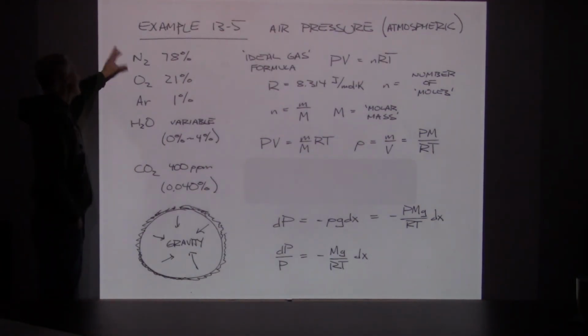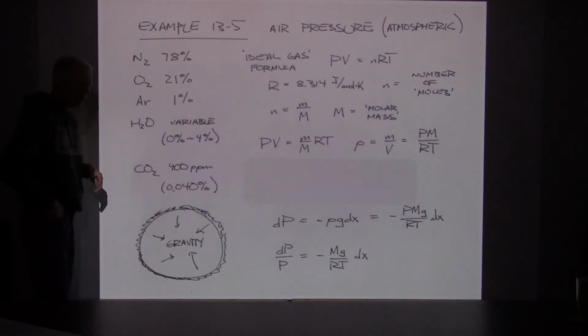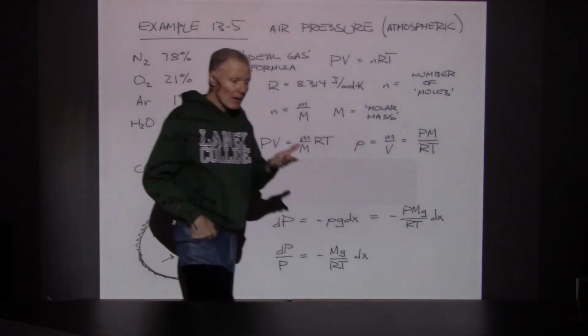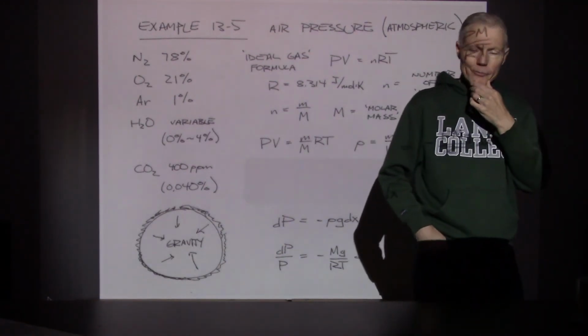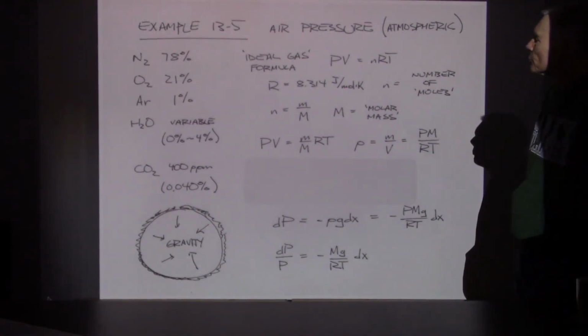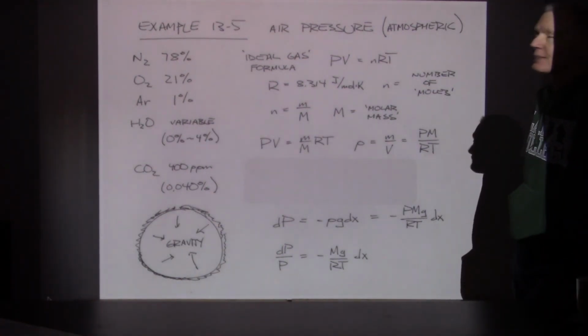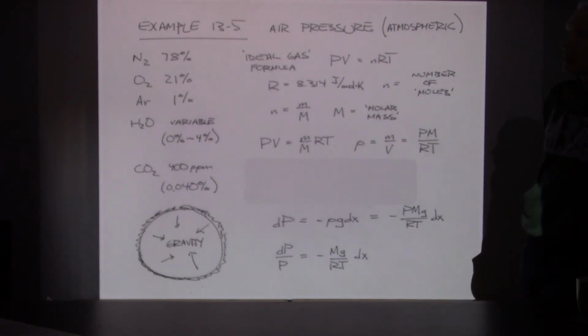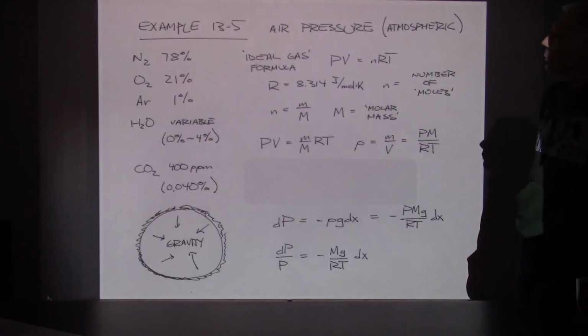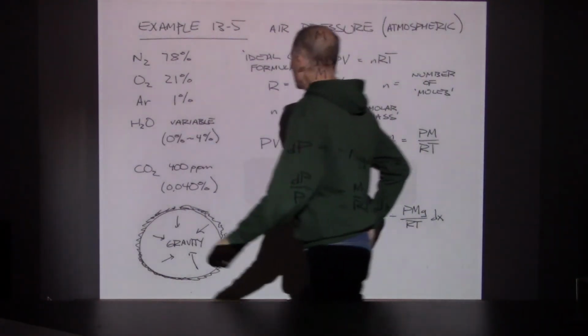Now, we should be somewhat familiar with the atmosphere. The atmosphere primarily consists of nitrogen molecules and oxygen molecules. Nitrogen and oxygen molecules are diatomic, so it's N2 and O2 molecules.